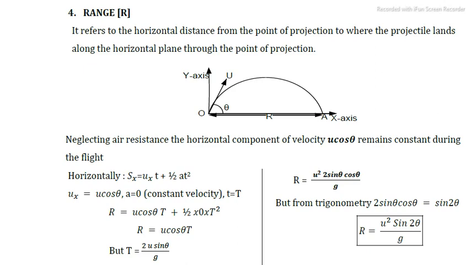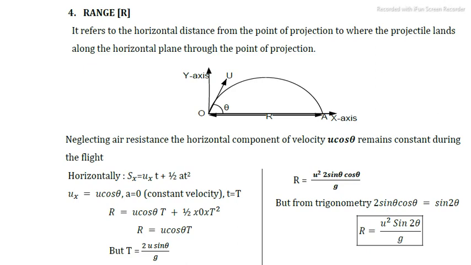But horizontally, we saw that u x is u cos theta and a is 0. Why? Because horizontally the velocity is constant.